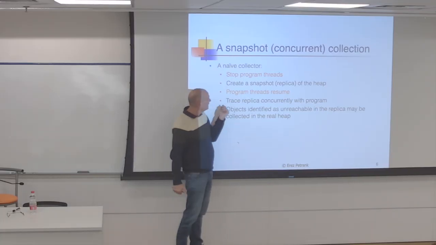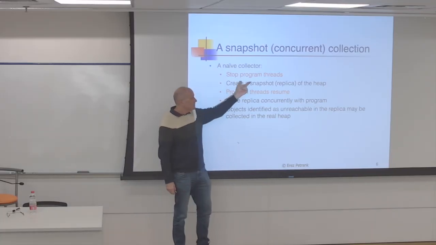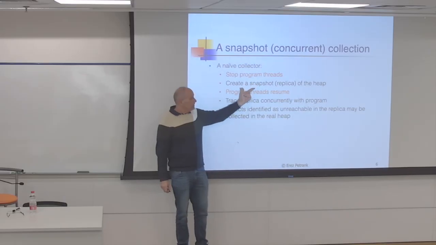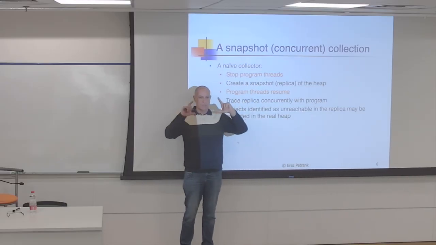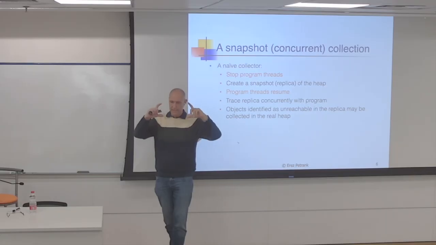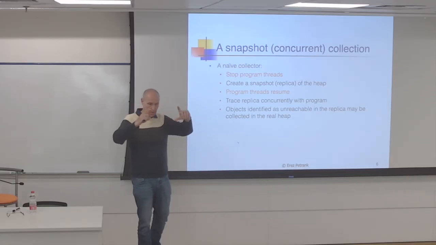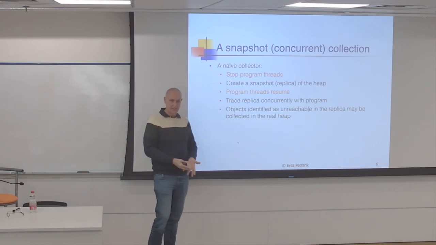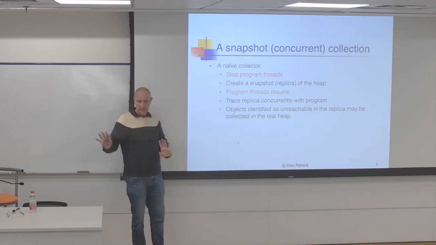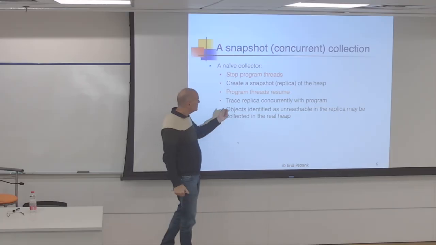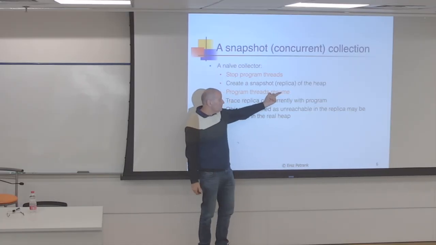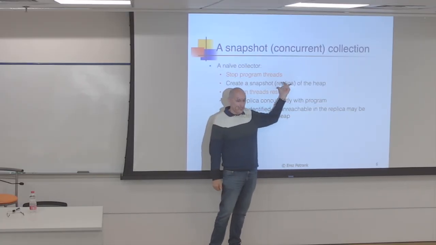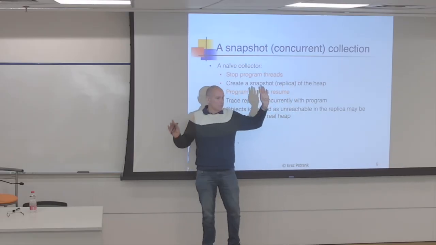Okay, so we're talking about snapshot and copy on write, but let's start with a very general idea. Think of a naive collector that stops the program threads. It creates a snapshot, like I take a camera and take a picture. I have a picture that is fixed in time, freezing the entire view, and then I can go on. So think of me taking a picture of the heap. In essence, I'm copying the whole heap while no one is changing it.